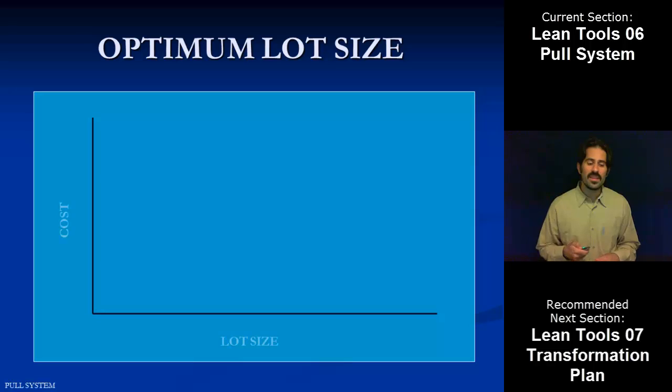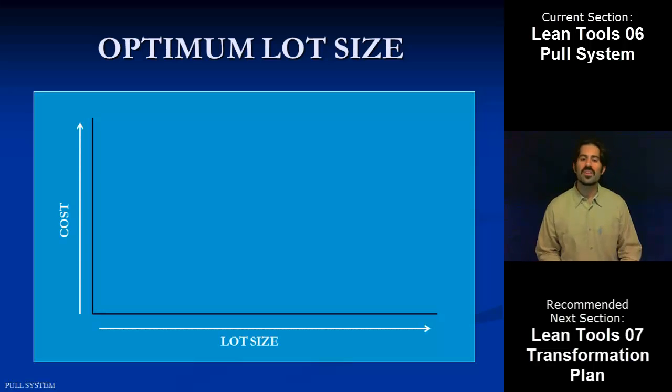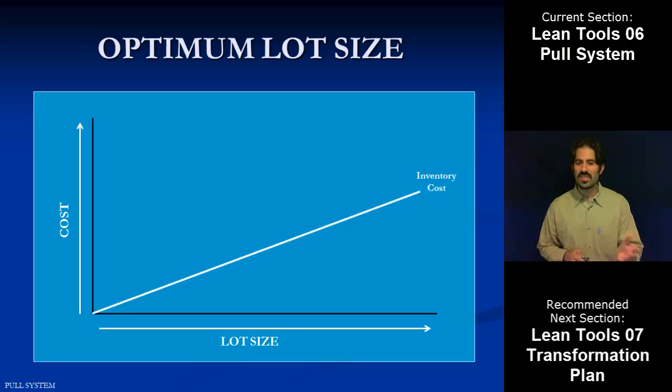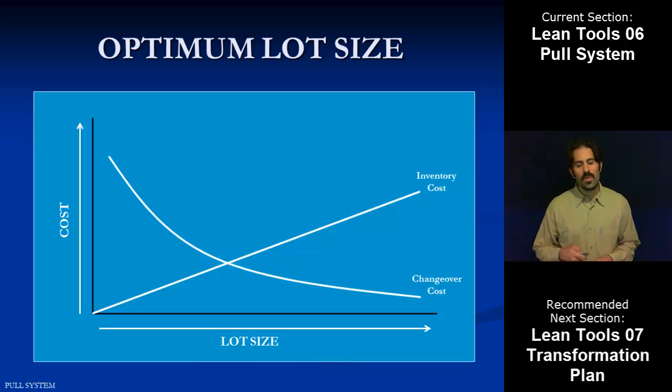And so what we look at, though, is there's a way we can calculate what our optimum lot size is, and it's pretty straightforward. So you've got cost, you've got lot size. For inventory, as the amount of inventory goes up, the cost associated with that inventory goes up. The other curve is the changeover cost curve. As the lot size gets bigger, the changeover cost per piece goes down.